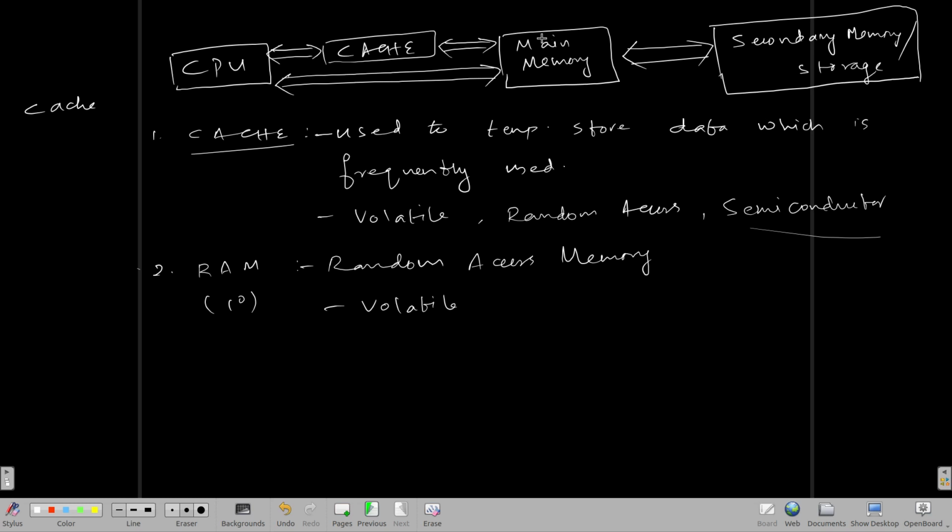And out of that, if certain instructions or data are being used very frequently, they are stored in the cache, right? So the computer manages these three memories depending on convenience and use, how frequently and when certain instructions and data are used, right? Again, this is volatile and random access.